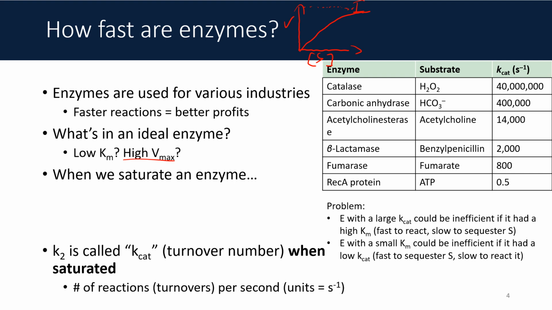So, okay, maybe a high Vmax isn't all that it's cracked up to be. Maybe we want an amylase with a very low Km. Well, let's draw a hypothetical Michaelis-Menten curve of such an enzyme that has a very low Km. Bam.